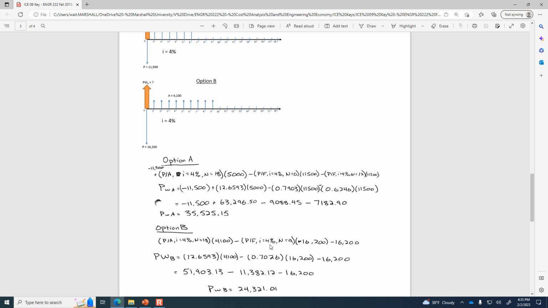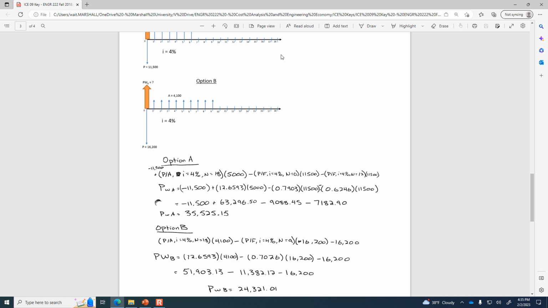So the analysis is not yet concluded, though. The analysis is to find the present worth of each of the items over the same study period, and then to identify which of the alternatives to select. So we should write, therefore choose option A because it has the higher present worth when the revenues are discounted at the MAR.